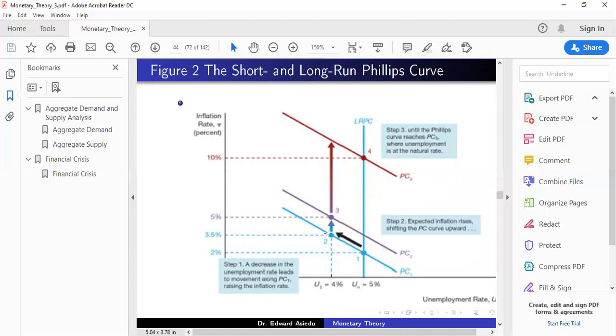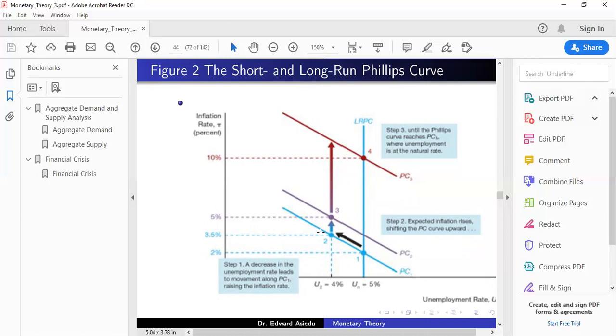So a decrease in unemployment rate leads to a movement along PC1, resulting in higher inflation, which is 3.5%.